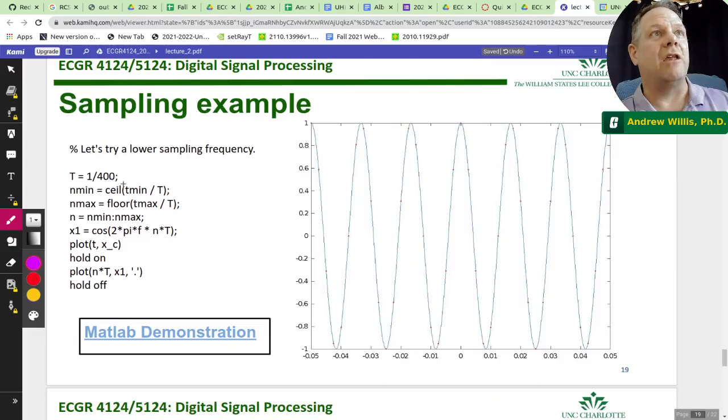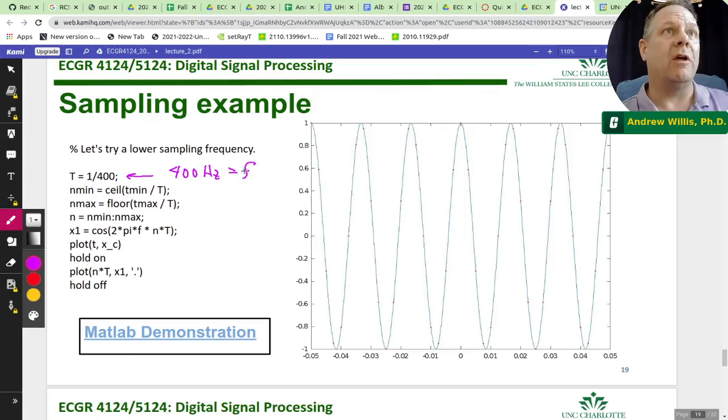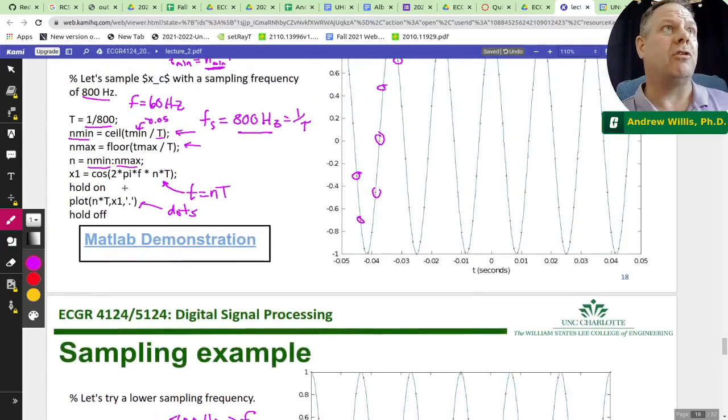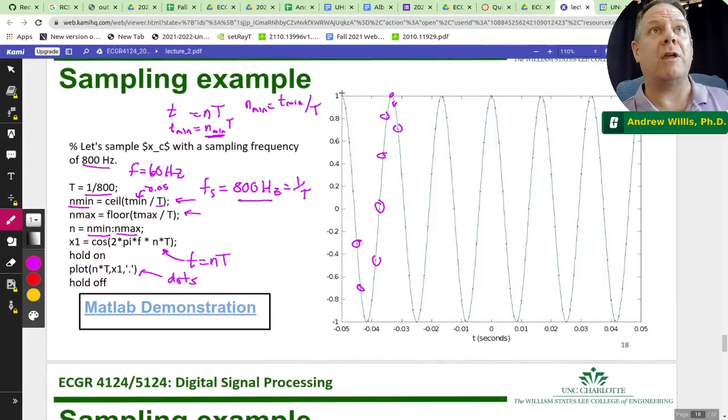So in this case, we sample it at 400 hertz. Everything else is the same. So now we have a sample frequency of 400 hertz, so the sample period is twice as large. 1 over 400 is 2 times the size of 1 over 800. You can see that here you have a sample here, here, and here.